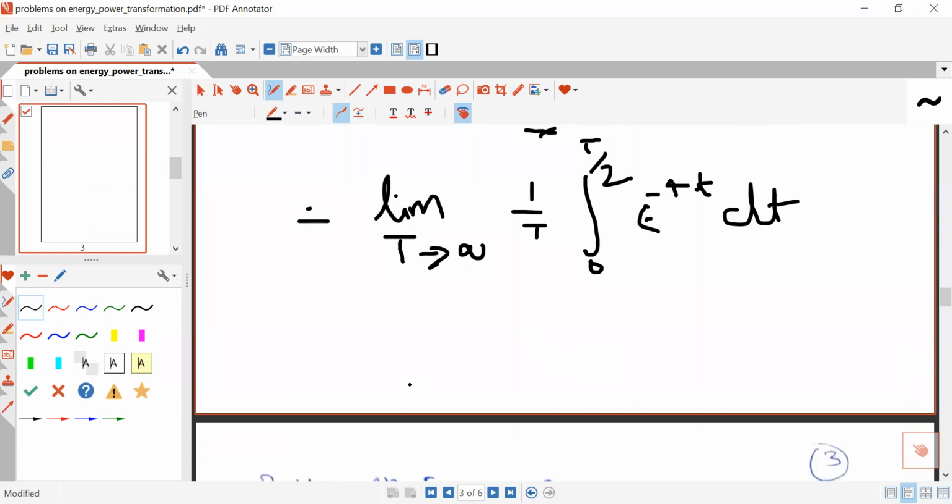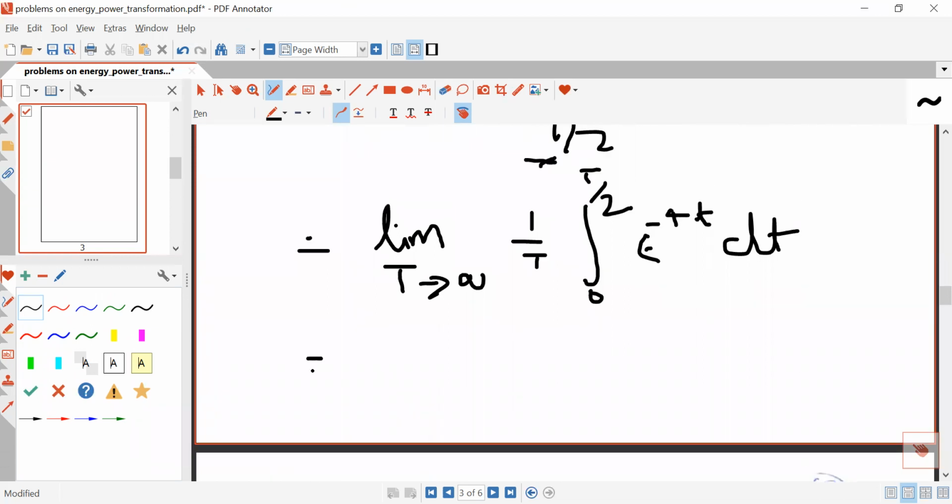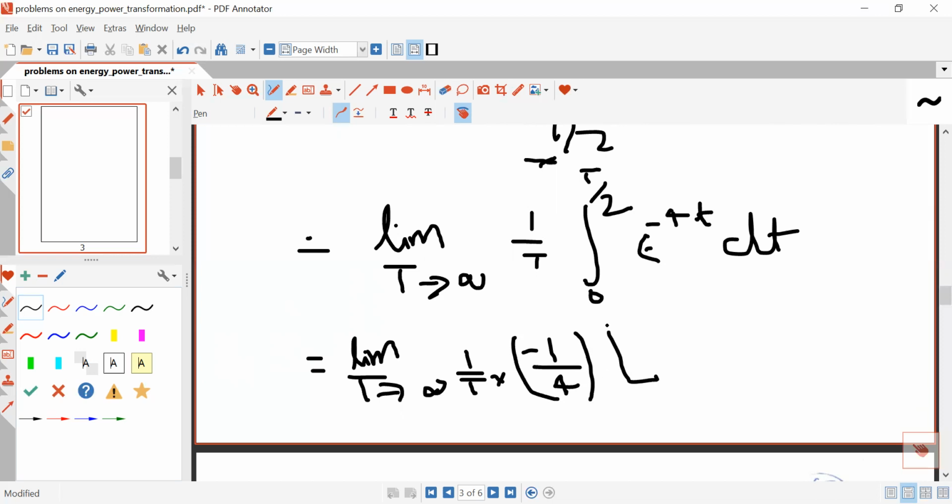Now you can integrate this expression, and what will be the value of this integration? This is limit T tends to infinity 1 by T, and the integration will be minus 1 by 4 e to the power minus 4t, and the limit of integration will be 0 to T by 2.